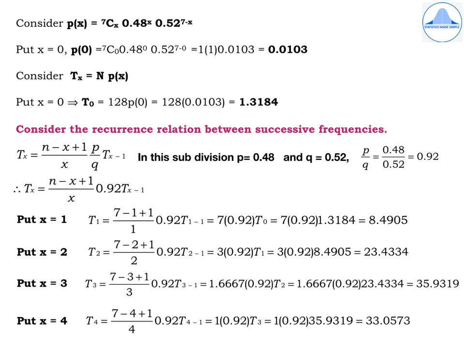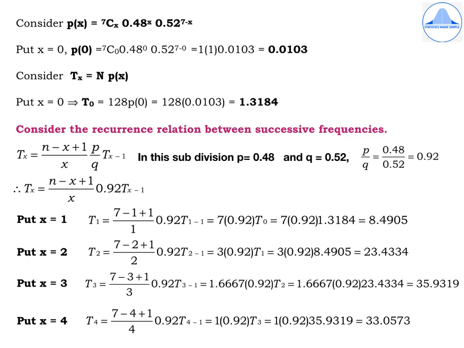So write the formula Tx equal to n minus x plus 1 by x, p by q, Tx minus 1. Now in this subdivision, we got the value of p as 0.48 and q as 0.52. So calculate p divided by q, which is 0.48 by 0.52, which is 0.92.